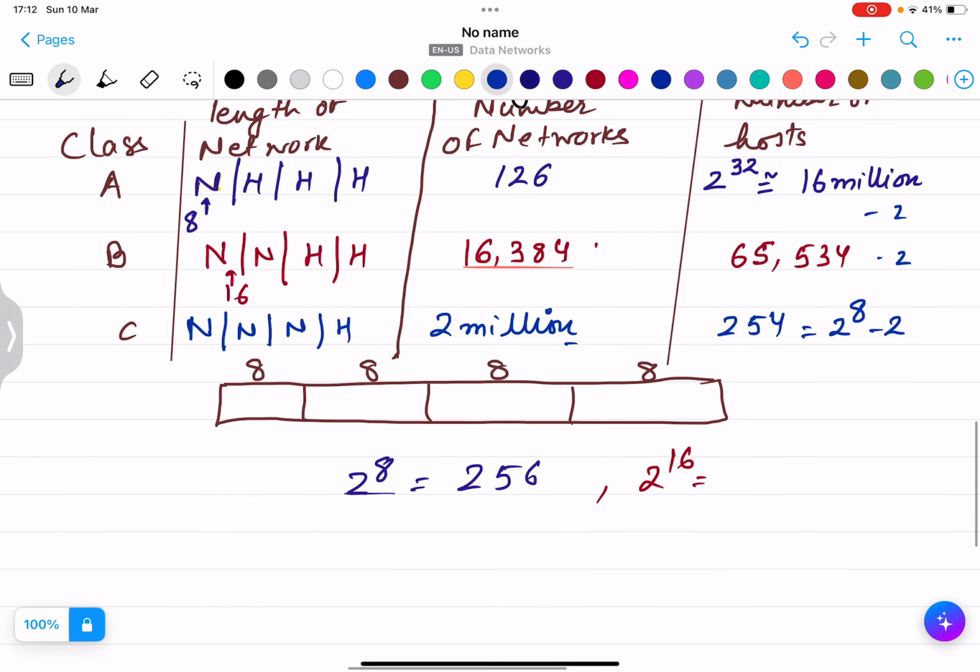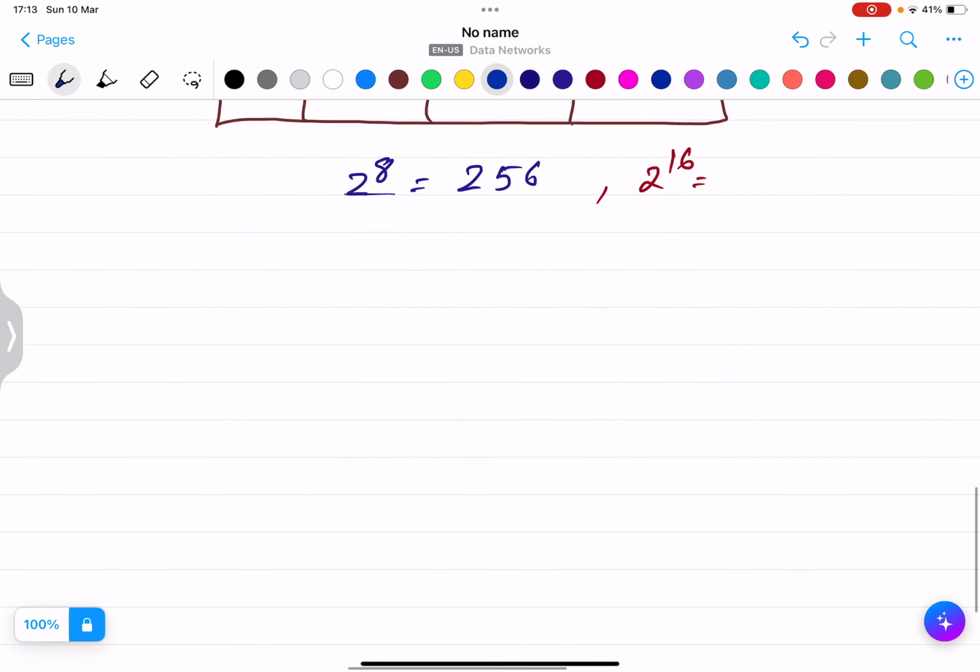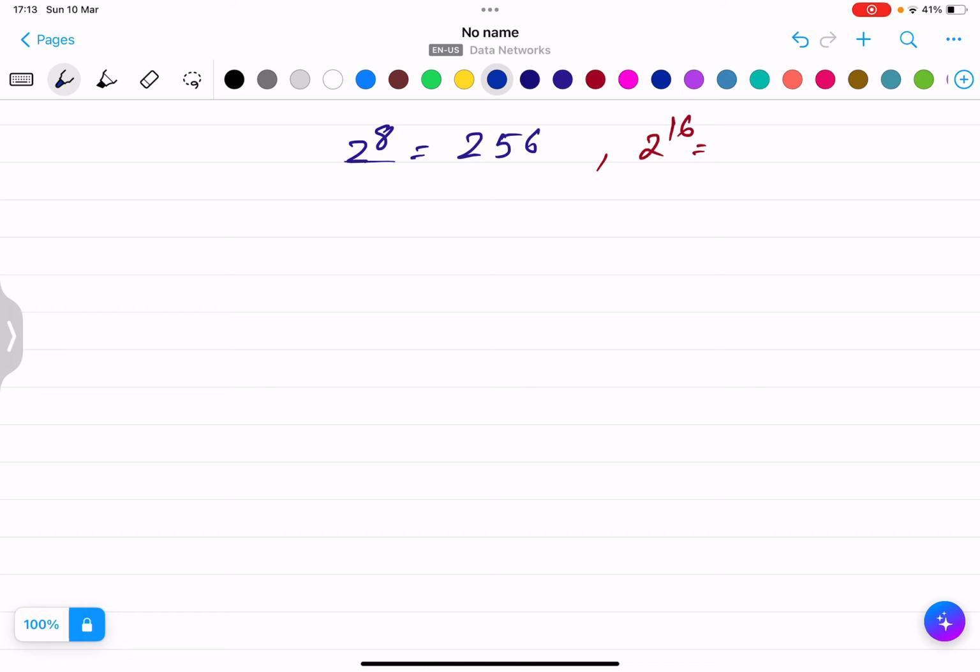Before going further, we need to understand why this is 126, why this is 16,384. So what happens is that for any class of network, whether it's class A, class B, or class C, for class A I'm using the range from 1 to 126, which is going to identify my networks. So they are in the form of 8 bits.